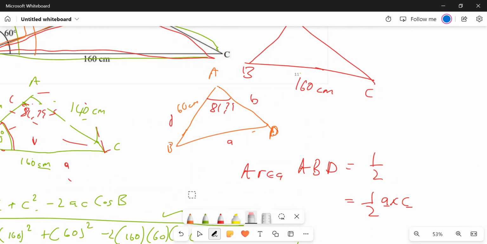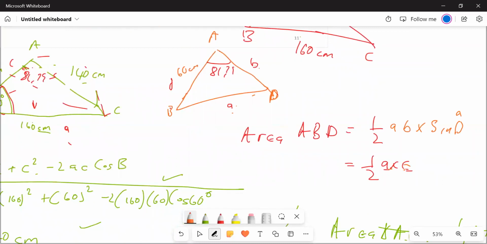Let's suppose we are using A and B first. If we use A and B, this is going to be multiplied by the sine of D. What if I use A and D? I'm going to use the sine of B. I have half.